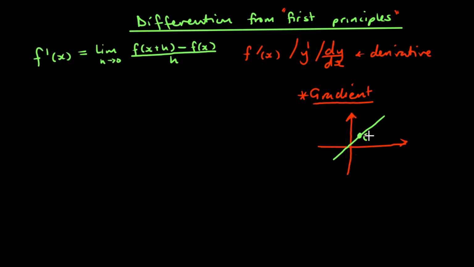This coordinate is 2, 4, let's say this one is A, and this one is B, let's say this one is 3, 5. So this is a straight line, and on a straight line, we can calculate the gradient this way, because there are two coordinates given. Which are those two coordinates? 2, 4, and 3, 5.